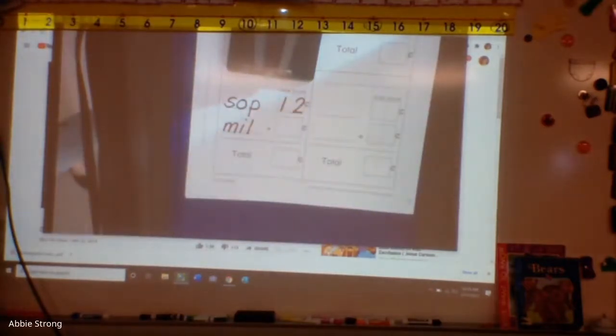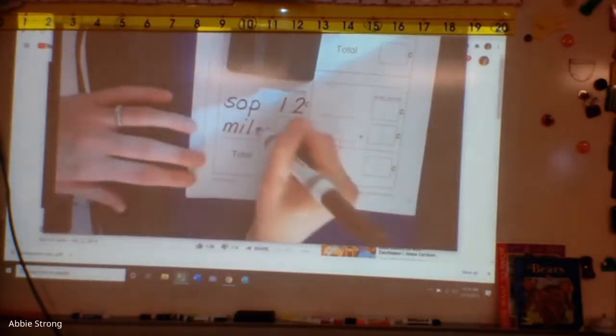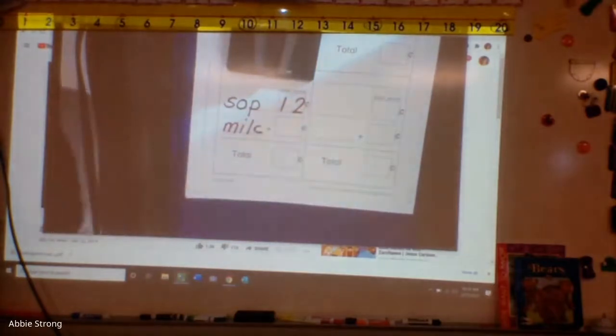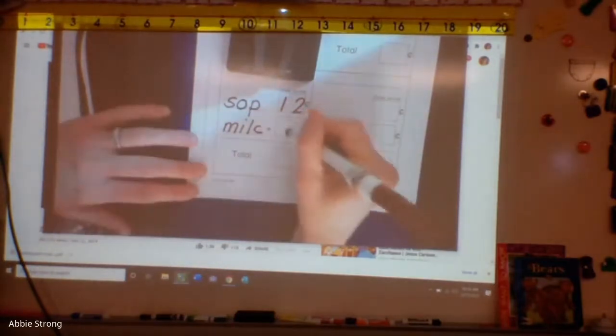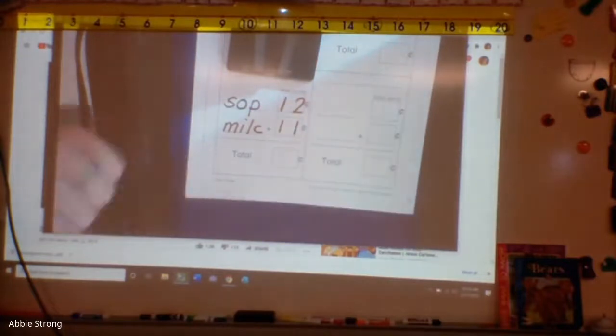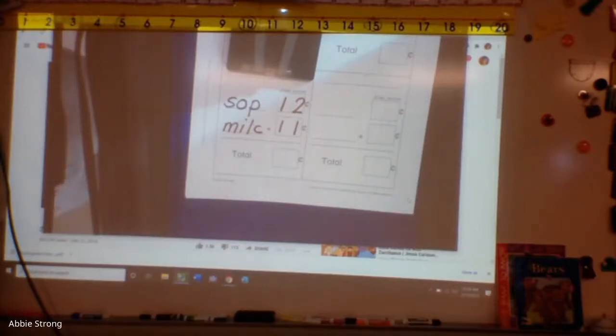What letter do we hear at the end that says k? Cats. Cookie. Kaylee. C. Milk. Good. And the milk was 11 cents. So we're going to go get milk and soap at the store today.